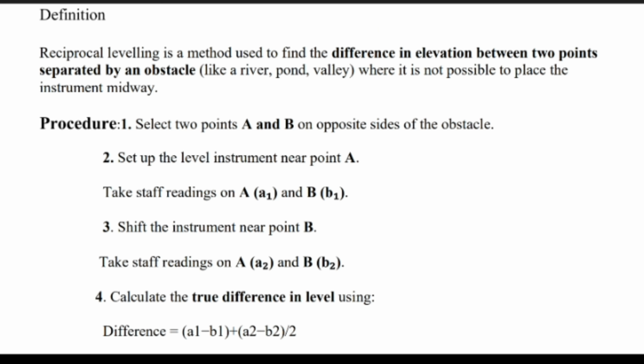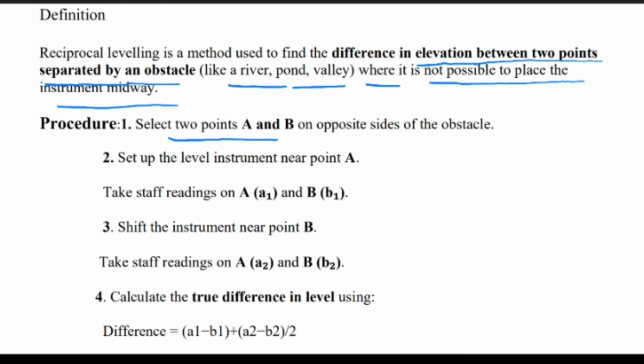Definition of reciprocal leveling: we find the difference in elevation between points separated by an obstacle like a pond, river or valley, where it is not possible to level from midway. Select points A and B on opposite sides of the obstacle.